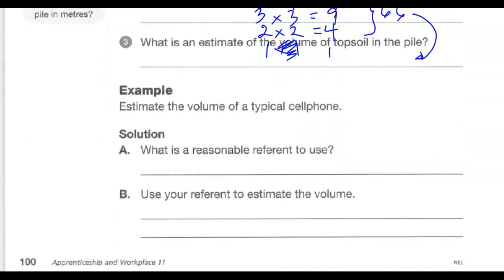Estimating the volume of a typical cell phone. So for a reasonable reference, you basically want to use something that's maybe a centimeter cubed. And if you've ever had a sugar cube, they don't use them that much anymore unless you go to a fancy restaurant that might have sugar cubes, but you can certainly buy them in the store.